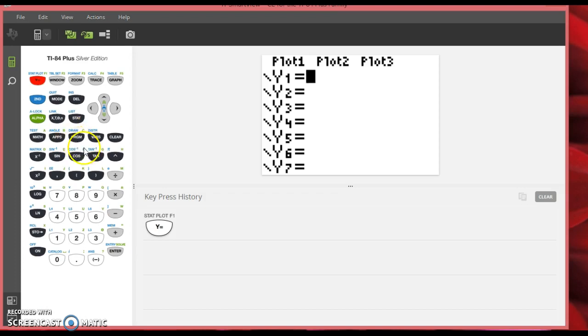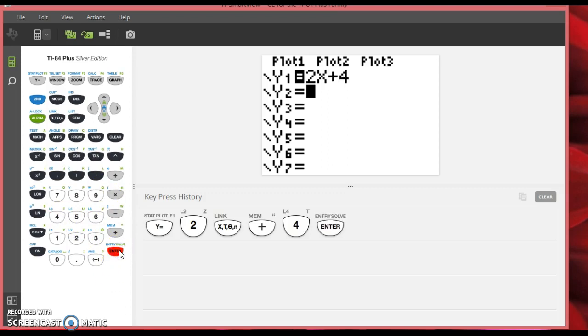Our simple function is going to be 2, so hit your 2, x. Do you see where I am, the x button, it is diagonally below the second function, x plus 4, enter. So I am graphing the function y equals 2x plus 4.